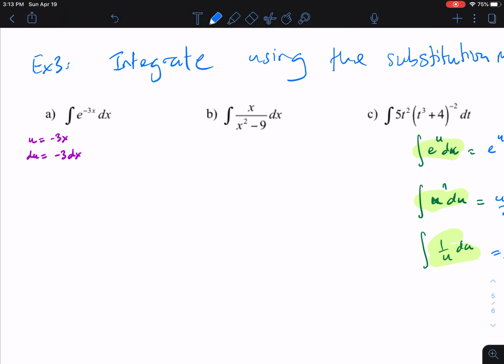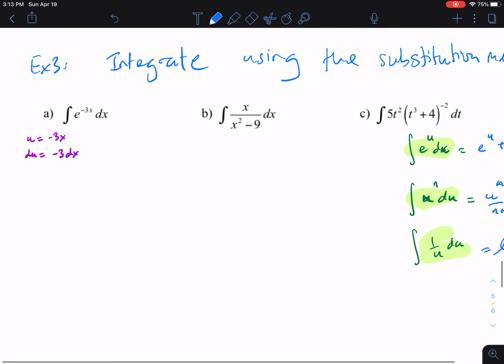All right. So now we can plug that into the given integral. This now becomes the integral of e to the u. Notice that we have just dx there, but our du says that it must be equal to minus 3 dx. So what we can do here is solve for dx.